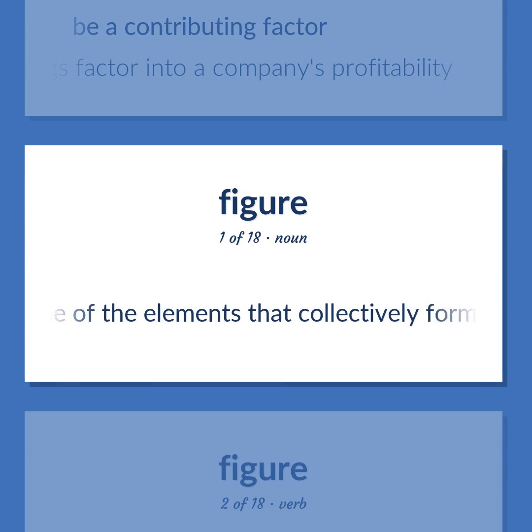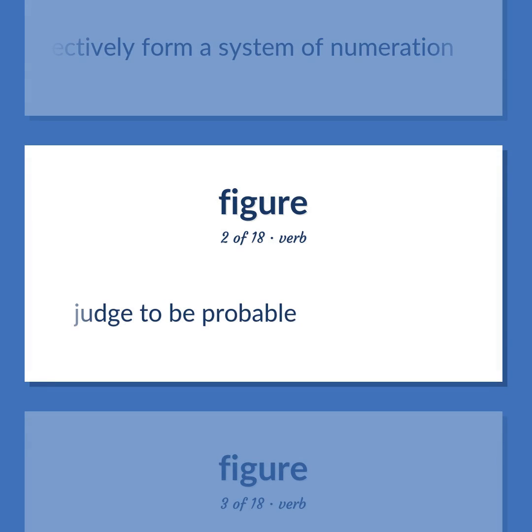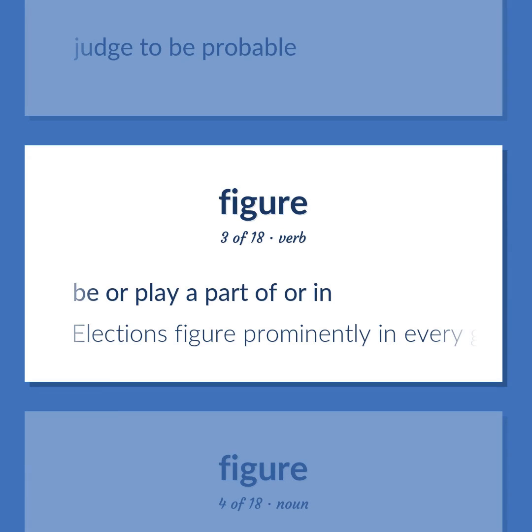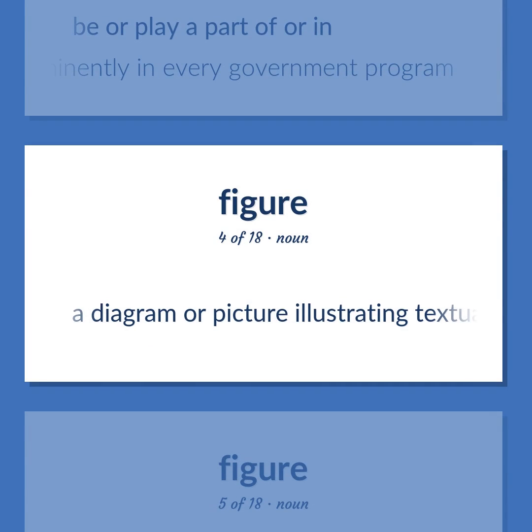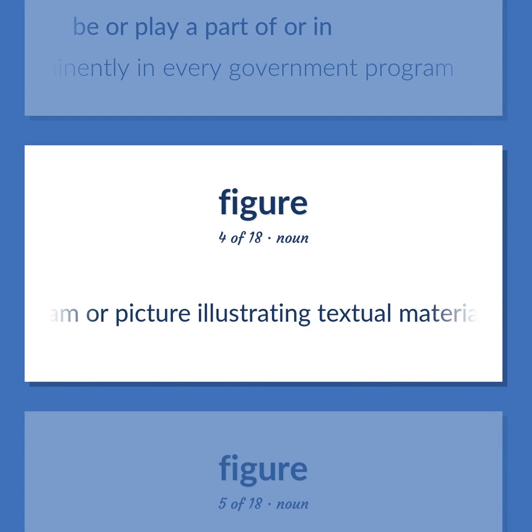One of the elements that collectively form a system of numeration. Judge to be probable. Be or play a part of or in. Elections figure prominently in every government program. A diagram or picture illustrating textual material.